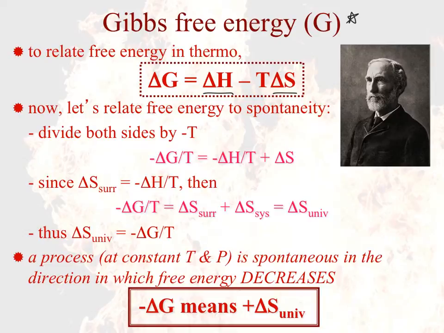So as your delta G value becomes more negative, the entropy of your universe increases and becomes more positive. Subsequently, a spontaneous reaction is going to have a negative delta G value and a positive delta S of the universe.